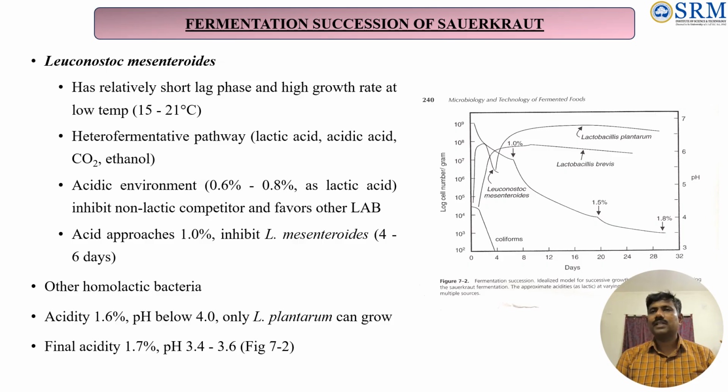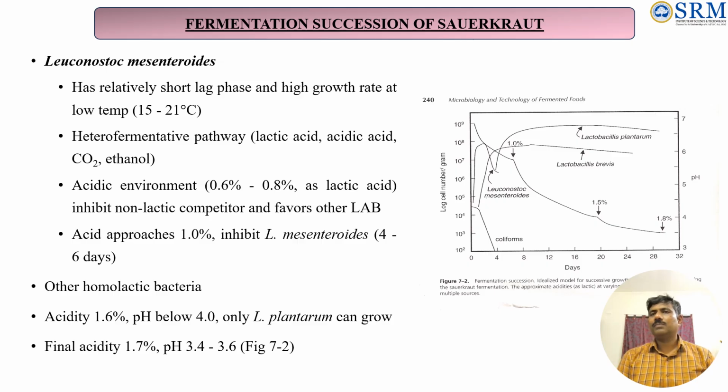Leuconostoc mesenteroides has a relatively short lag phase and rapid growth occurs over a wide range of temperature, 15 to 21 degrees Celsius. Leuconostoc mesenteroides is a gas forming, heterofermentative microorganism. Heterofermentative means it produces more than one end product such as lactic acid, acetic acid, carbon dioxide, and ethanol.